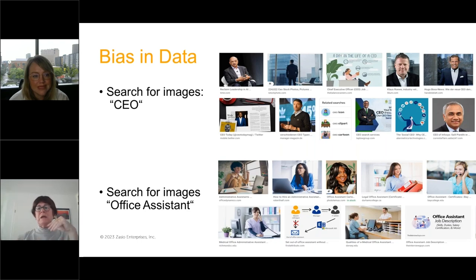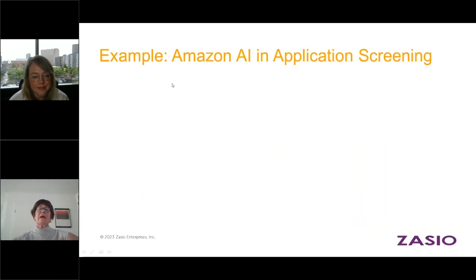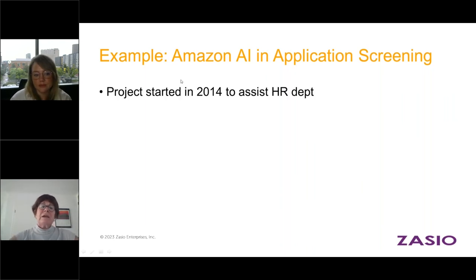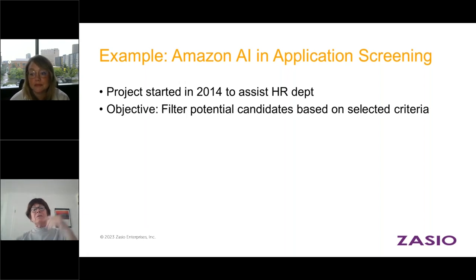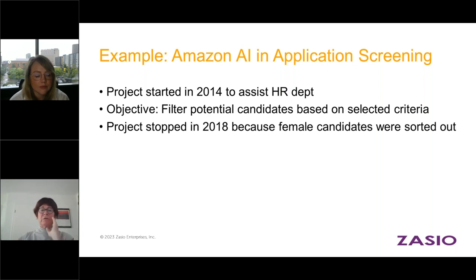An example here shows where Amazon already a few years back ran into issues when they started a project in the HR department in 2014. They wanted to filter potential candidates, instead of having human beings, using an algorithm to see if this person is a viable candidate for that job before he or she is interviewed.